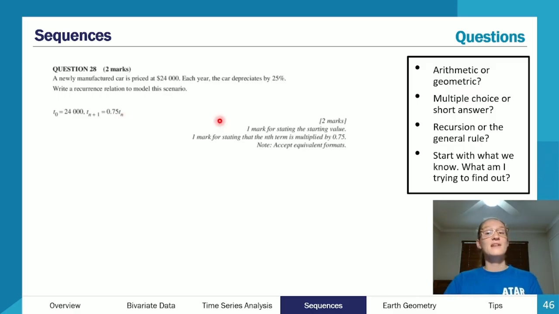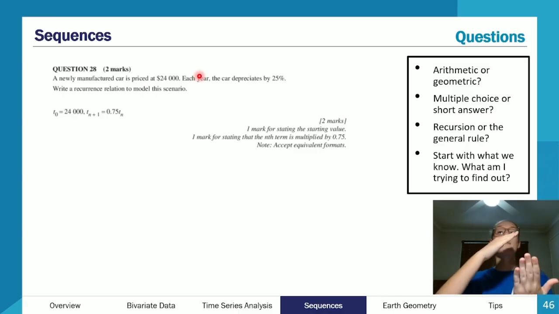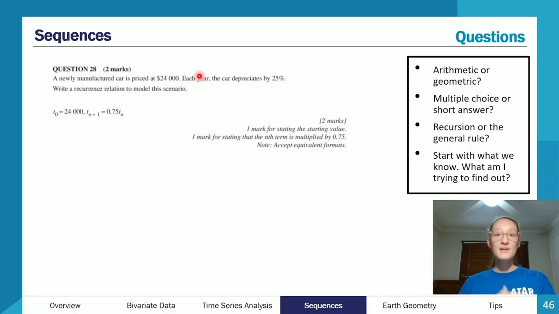So hopefully from that you've been able to figure out that this is actually a geometric sequence because the car's depreciating by 25% each year. So we need to use a common ratio to model that. If it was depreciating by a fixed value, if it was depreciating by $500 every year, then we'd know to use an arithmetic sequence, because all we're doing is taking $500 off the value each year, again and again and again.